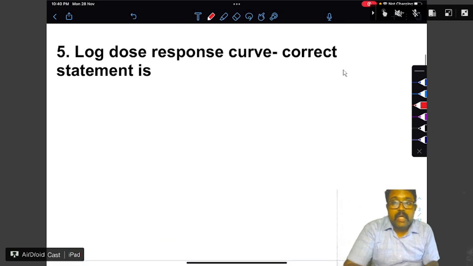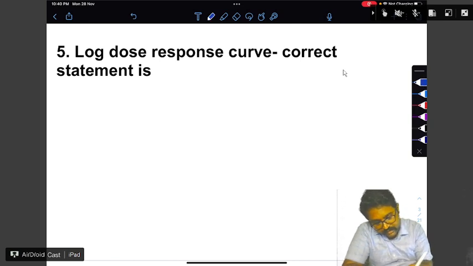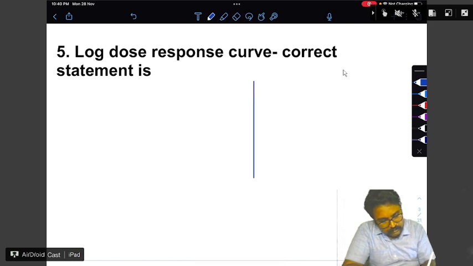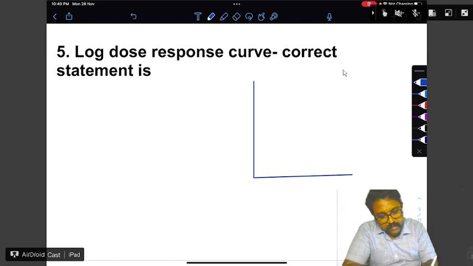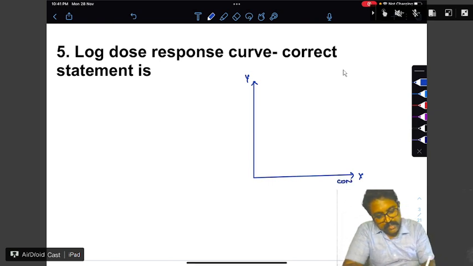So next, coming to the log dose response curve. Let us draw a graph here. This is the y-axis, this is the x-axis. The x-axis will talk about the concentration, and the y-axis will talk about the efficacy.